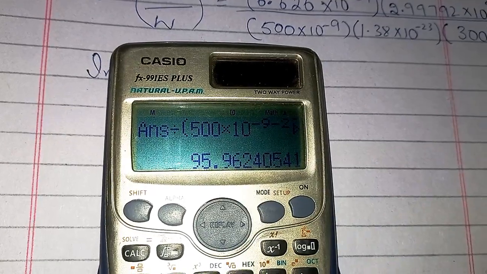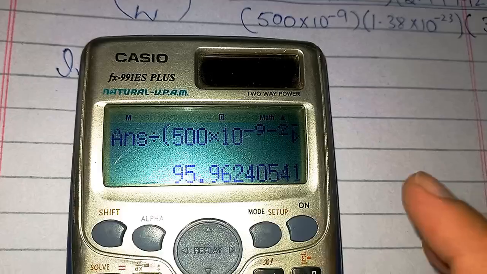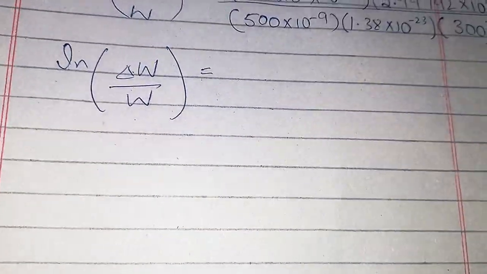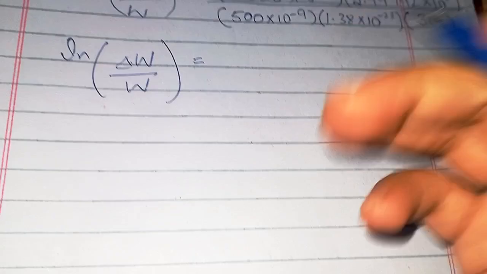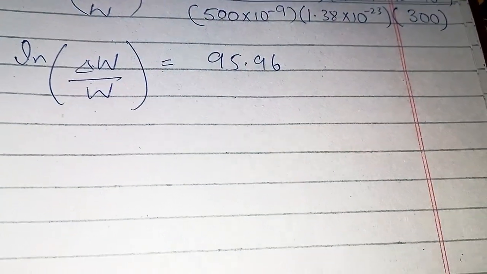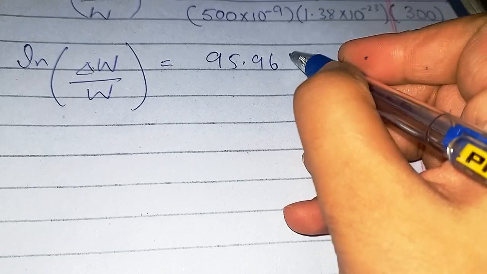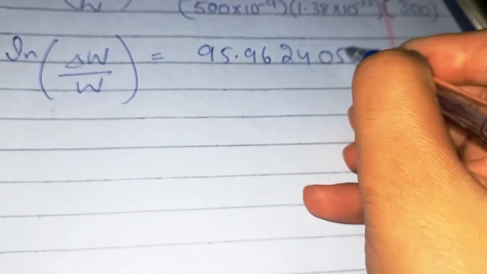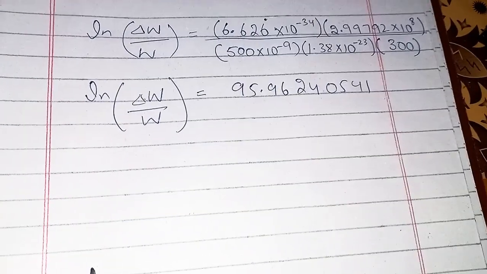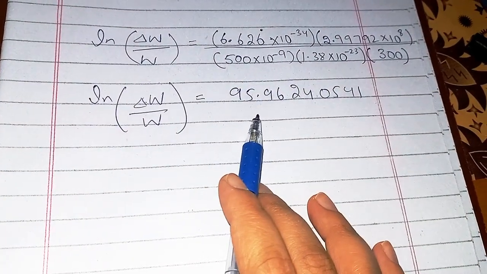Here you can see we have got this value, and I'll be using all of the terms afterwards. It's 95.96240541. Okay, and that's the value that we have got.